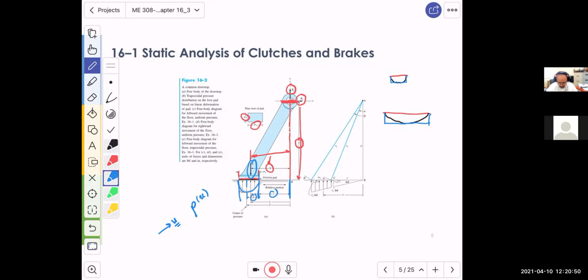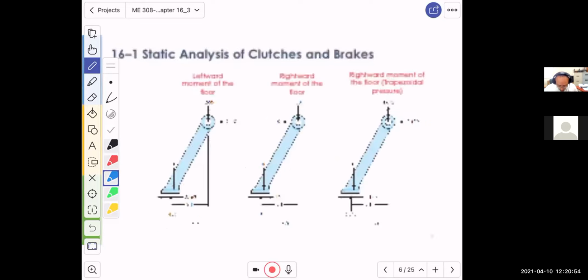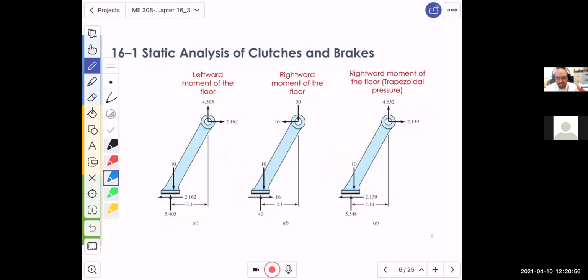Okay. So what is important is that with this configuration, we can have a leftward movement, which would result in two reactions acting, one to the right, positive X, positive Y. This is the actuating force downward.